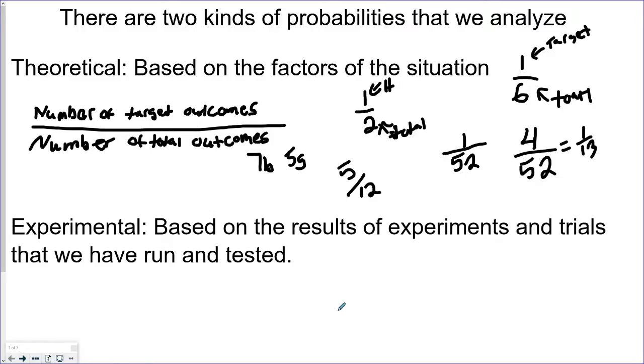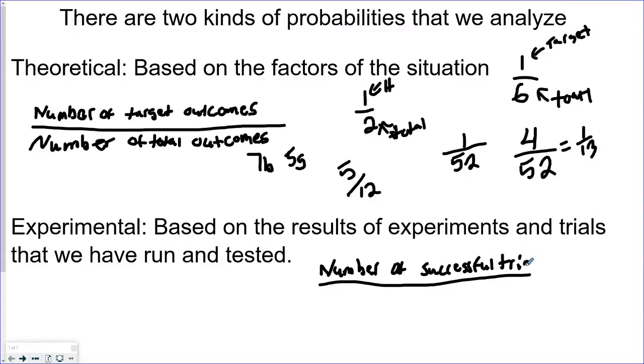Experimental is a little bit different. Experimental is the probability we get based on the results of experiments or trials that we have done ourselves. So usually the formula is like the number of successful trials, and this is divided by the number of total trials.